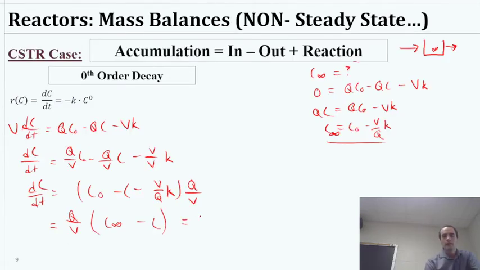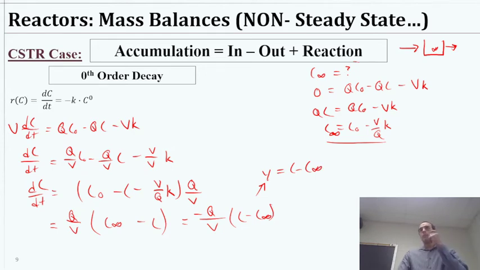So let's say that's minus Q over V. Then we have C minus C at infinity, just to be very, very close to what they did. Okay, so now let's call this Y equals C minus C at infinity, then we should be able to integrate this when we put it into place. And we'll say dC/dt equals dY/dt.